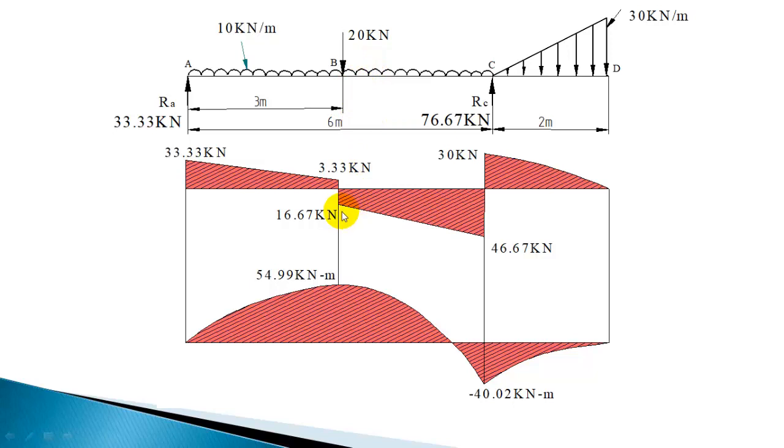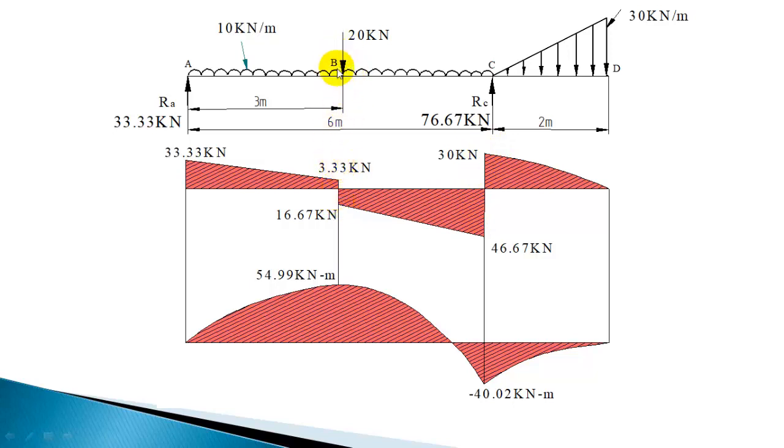So you mark here BC, minus 16.67 to minus 46.67, and the variation under UDL is linear. Here you can join by a straight line.